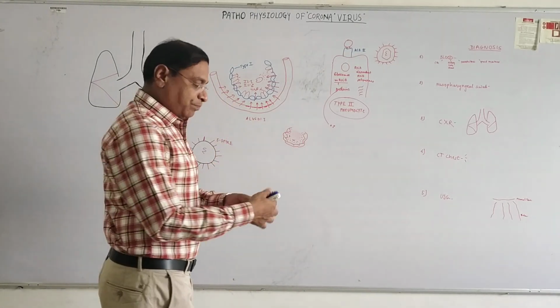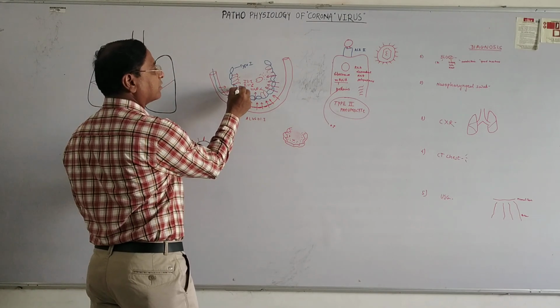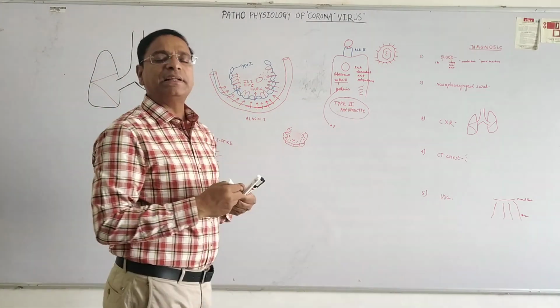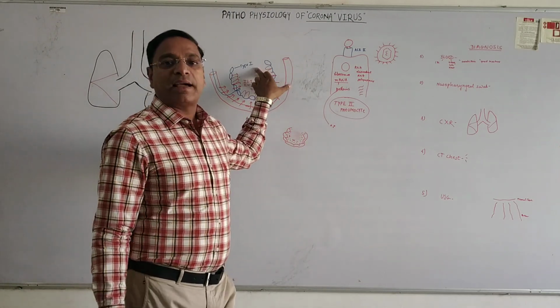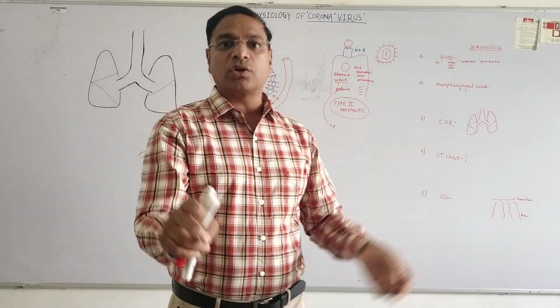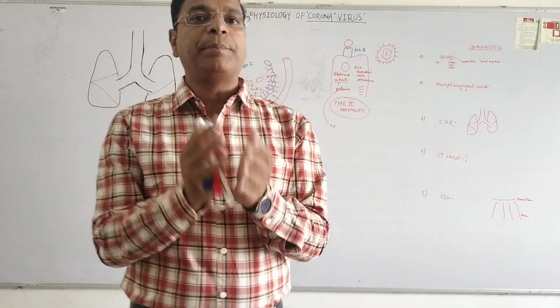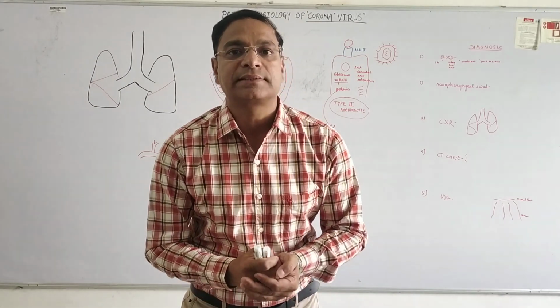At the same time, there will be inflow of some neutrophils at the site from the blood. These neutrophils are responsible for causing death of the viruses. Few viruses might die because the neutrophils will secrete oxygen dependent chemicals, and they also secrete certain proteinases.